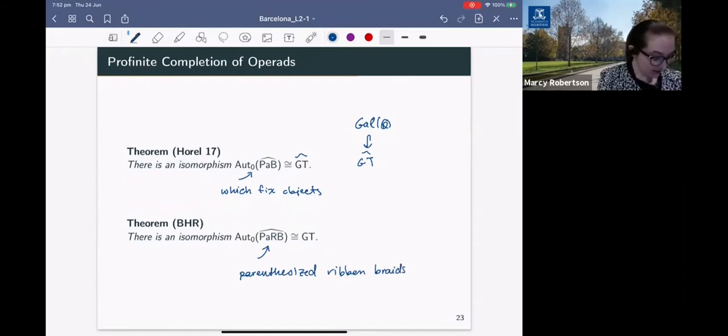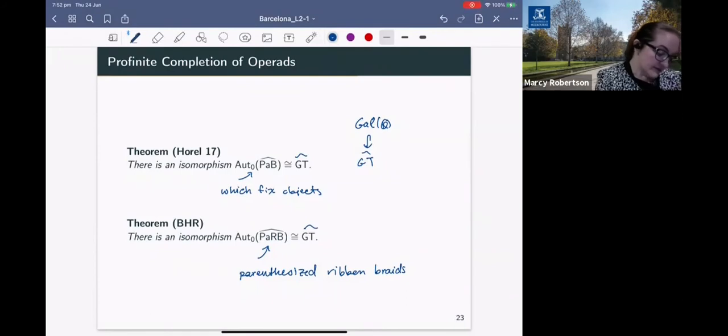And a paper with Pedro Bolera and Geoffroy and myself says that when you look at automorphisms which fix objects and you profinitely complete, you get profinite GT. So there are some missing hats everywhere.